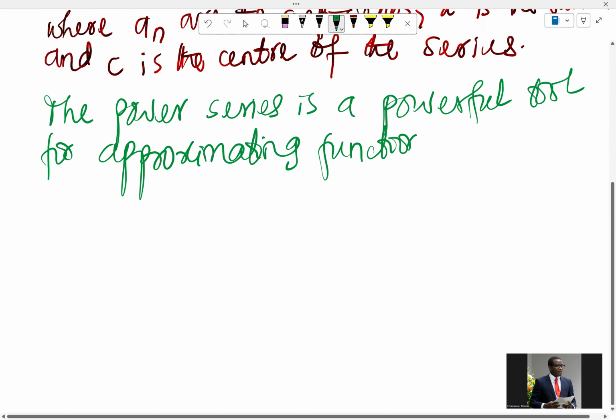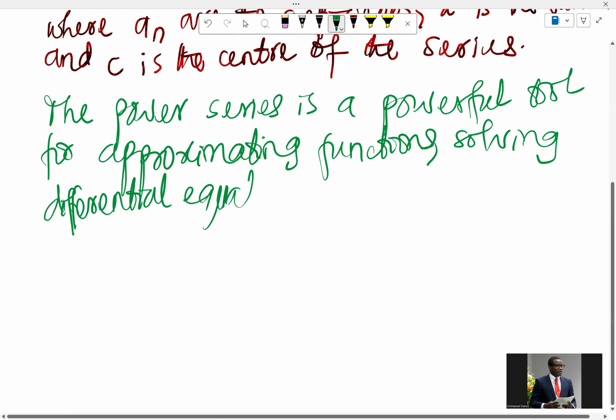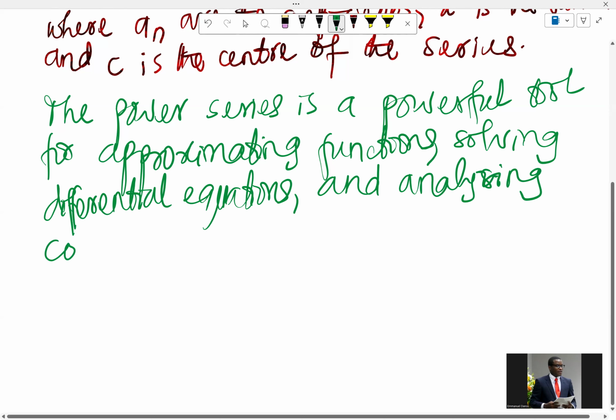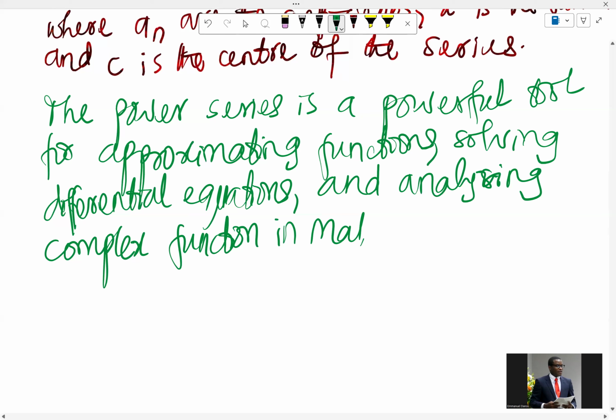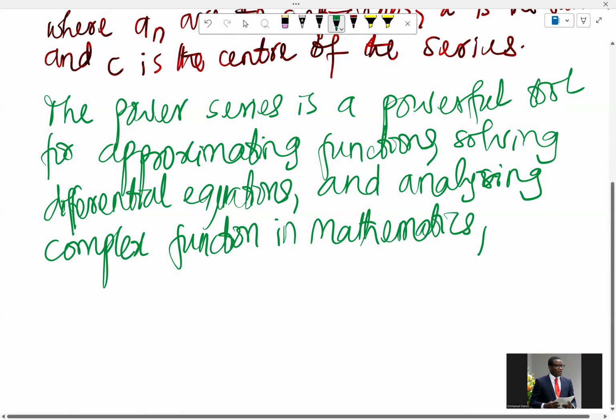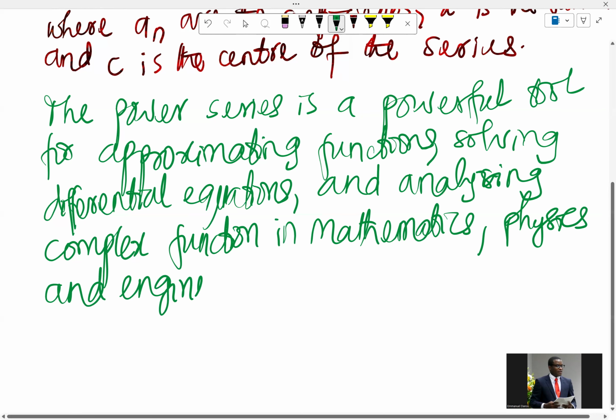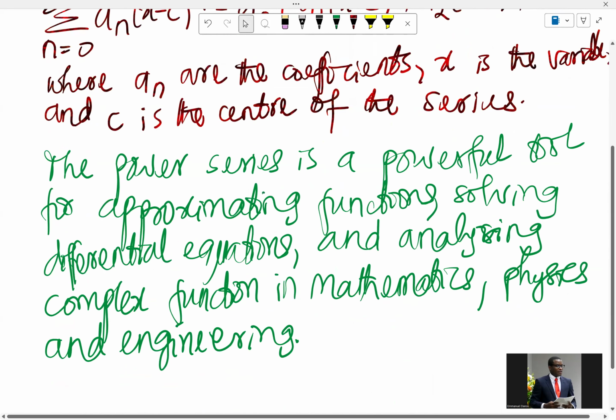You can use it to approximate functions, solve differential equations, and analyze complex functions in mathematics, physics, and engineering. Okay, so that's our introduction to power series.